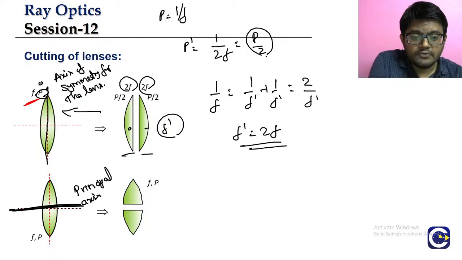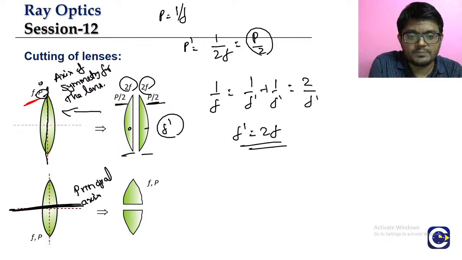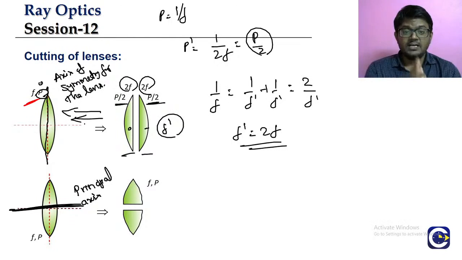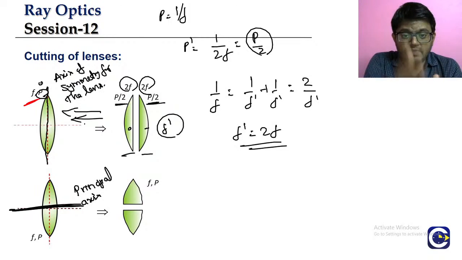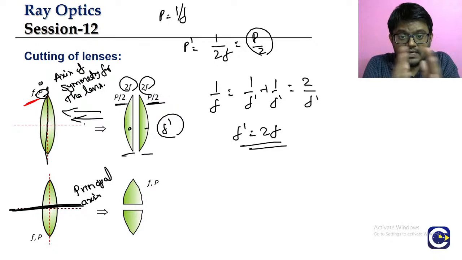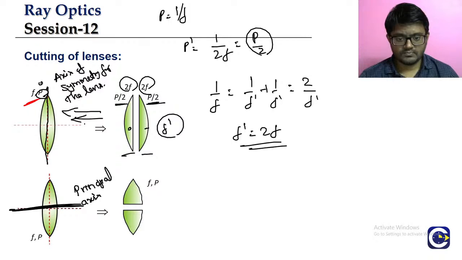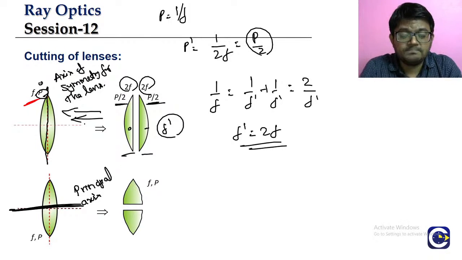If you add both these powers, P by 2 plus P by 2, we will get P. So if you cut the lens with this transverse symmetrical line, the biconvex simply becomes 2 plano-convex. The focal length of each part will be 2 times f. The powers will be half. Okay, so this is about cutting the lens with this transverse axis.